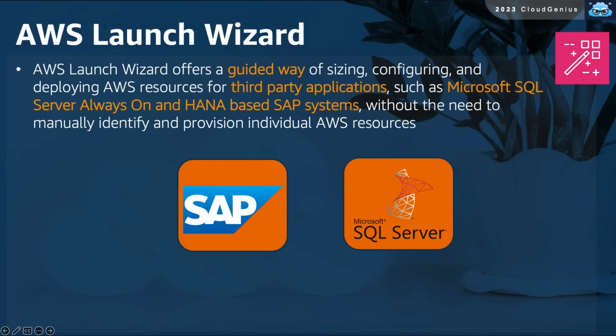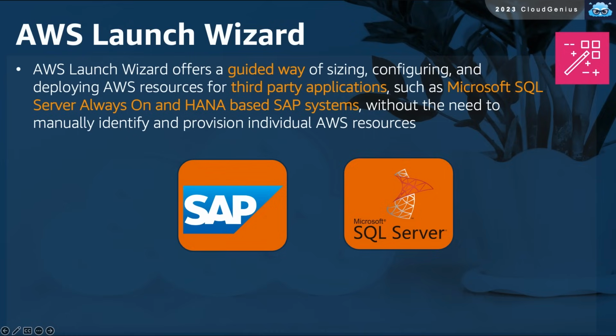AWS Launch Wizard is a service provided by Amazon Web Services that simplifies the process of deploying applications on AWS infrastructure. It is designed to help you optimize the performance, cost, and security of your applications while reducing the time and effort required for deployment.